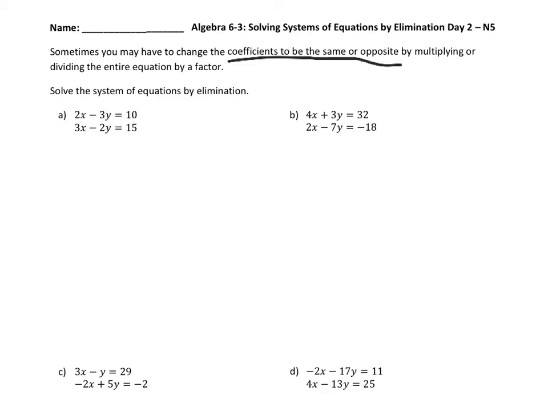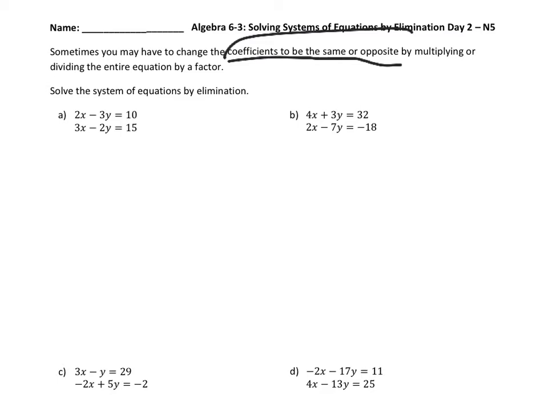So then I need to modify in some way one or both of those equations to make the coefficients the same or opposite. Before I jump in and do the problem, I'm going to look carefully at the coefficients and say, can I easily manipulate one of them or both to eliminate the other? Starting with x, 4 and 2.